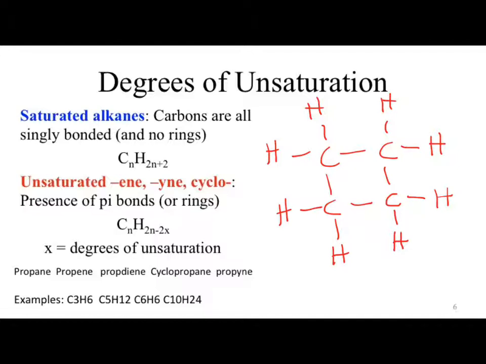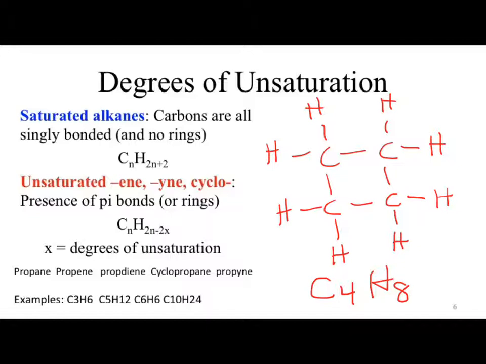How many degrees of unsaturation do we have in this one? No double bond, so we would assume 0, right? Well, what's our formula? C4H8. So we just decided that it was a saturated structure.